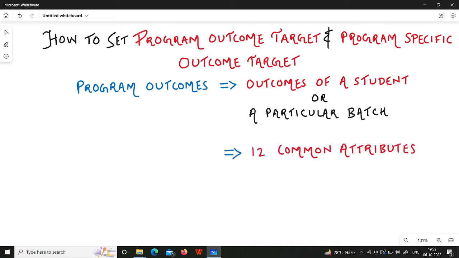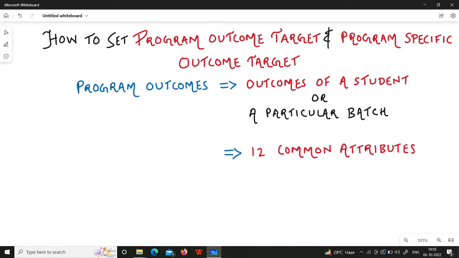We have 12 program outcomes, and these 12 program outcomes are common outcomes or common attributes of the graduate. So it is common irrespective of the department. It's common for civil engineering, mechanical engineering, electrical engineering, computer engineering.